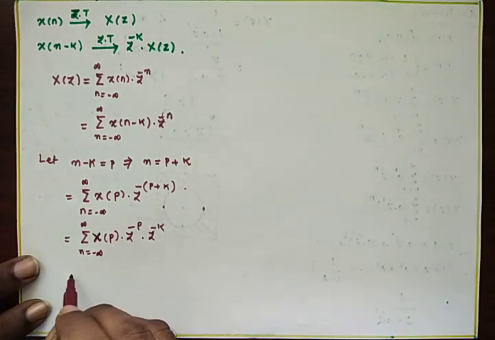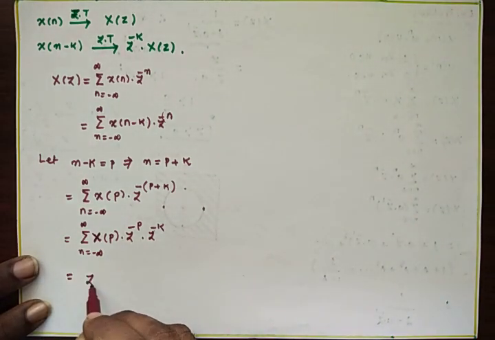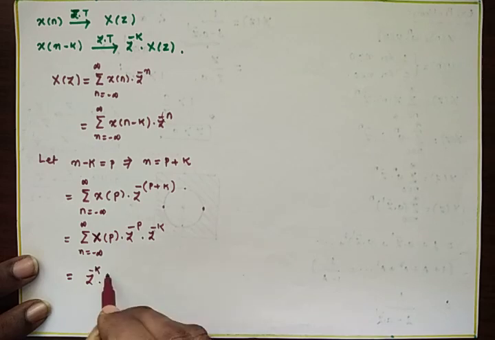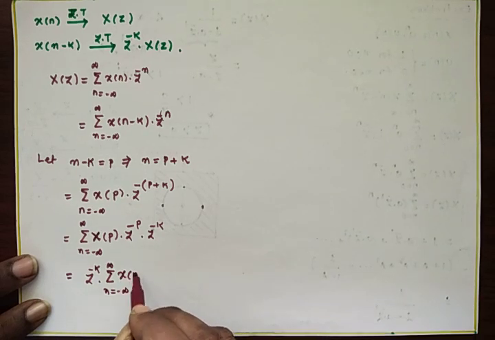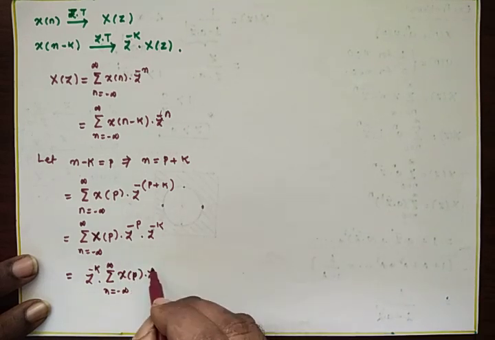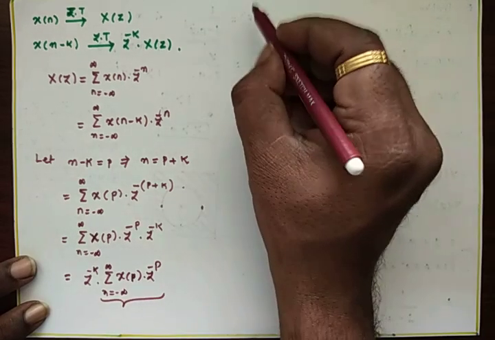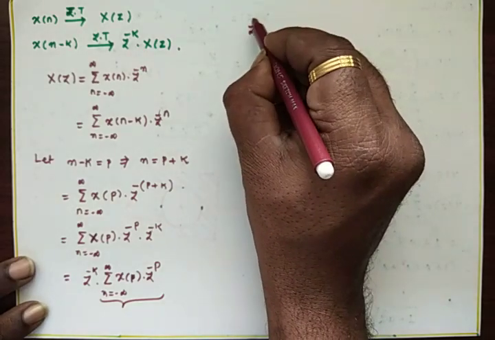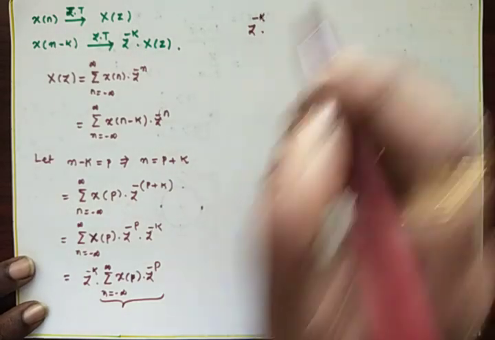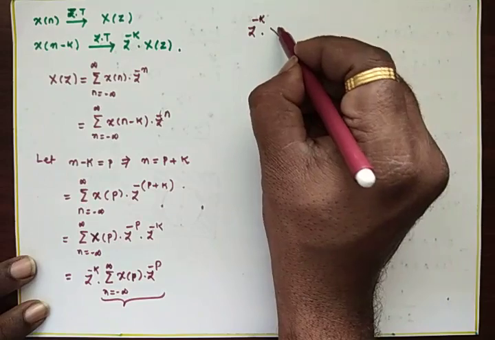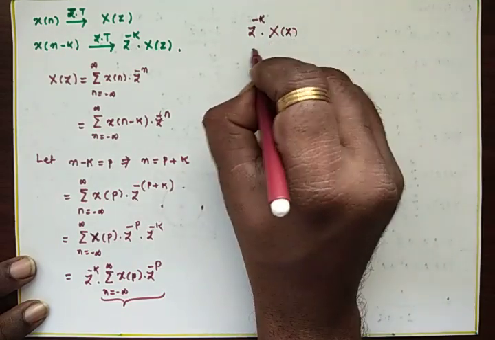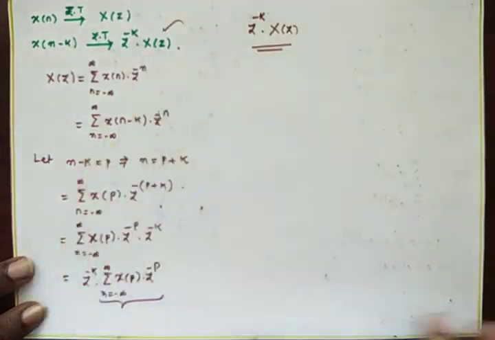Then I can take z to the power of minus k outside: z to the power of minus k into sigma x of p into z to the power of minus p. This is nothing but the standard definition of the Z transform. So the resultant will be z to the power of minus k into X of z only. So now we got this one.